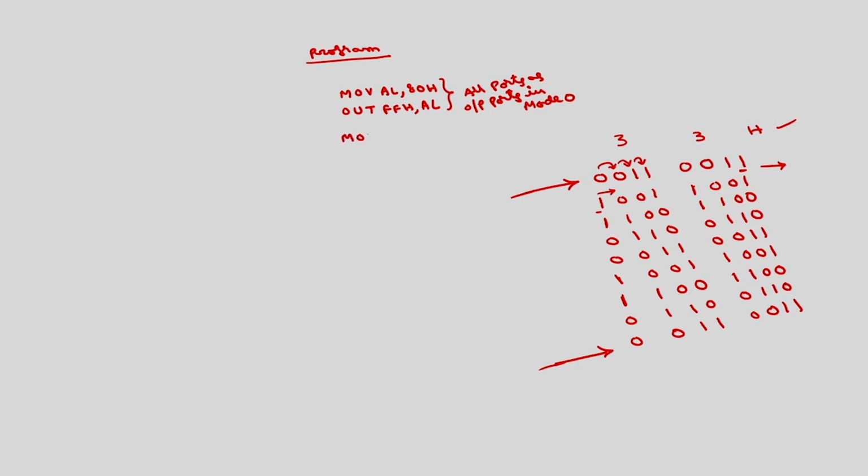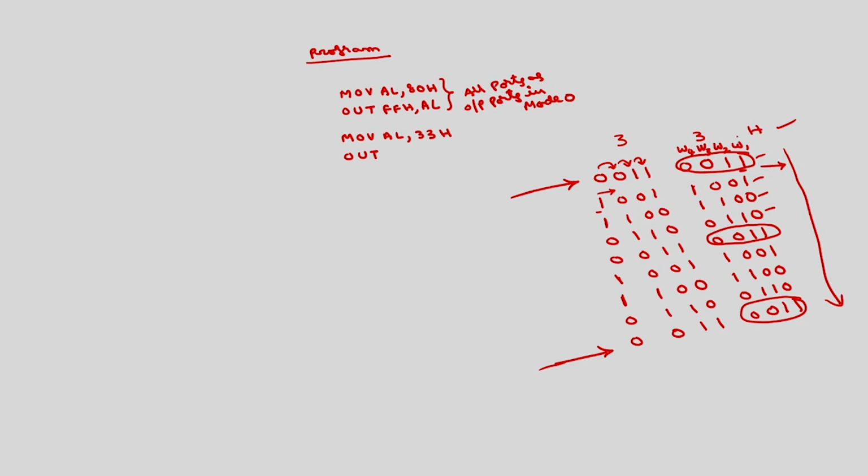MOV AL, 33H; OUT port A, because I have connected these to W4, W3, W2, W1. So the sequence that I have to give is 0 0 1 1 and so on. Again this is the same as the initial one, so this sequence will repeatedly come.